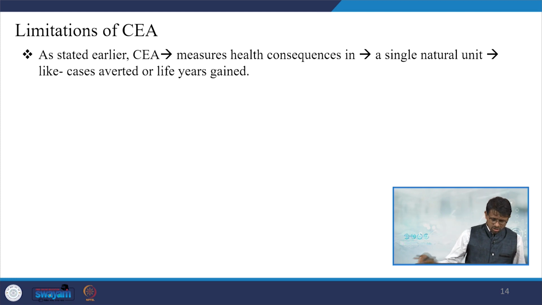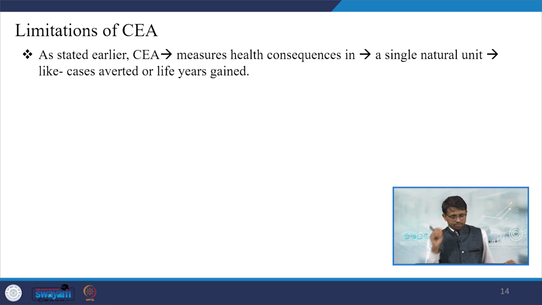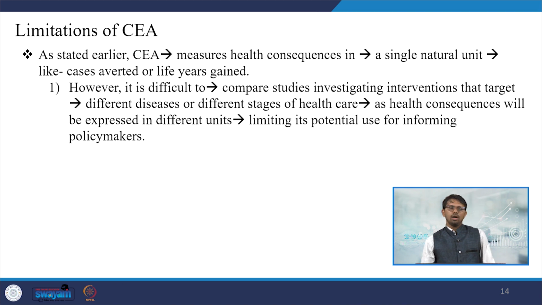It's already mentioned that CEA measures health consequences in a single natural unit, which you have just seen, like cases avoided or life years gained. However, it is indeed difficult to compare studies investigating interventions that target different diseases or different stages of healthcare, as health consequences will be expressed in different units.